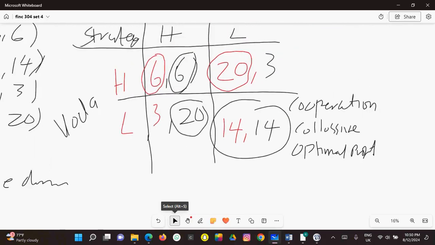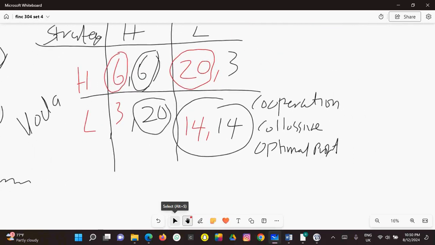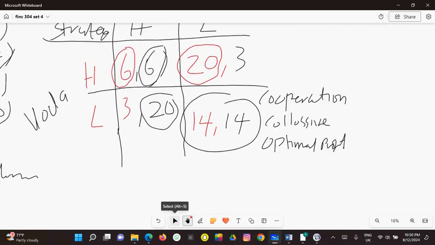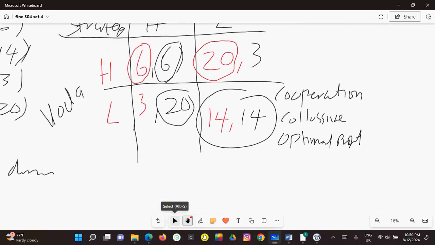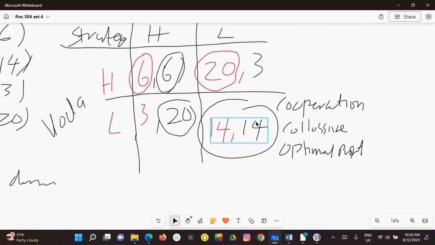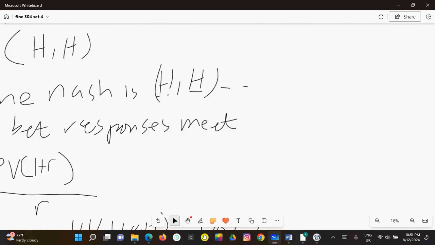Now when they decide to collude or cooperate, it all ends 14-14. Once this one decides to shift to here, then this one will end instantly with 20, because if he or she shifts from 14 to here, then he or she will get 20. For the rest of his life, he's going to get 6 million. That's what it means here.